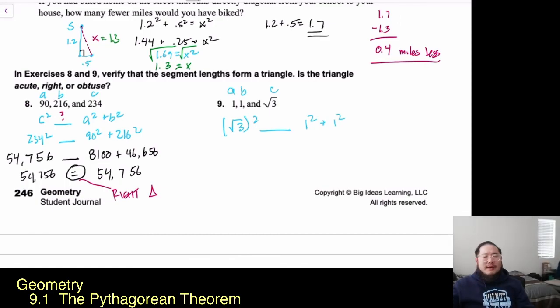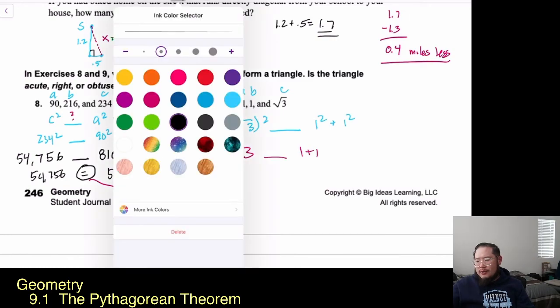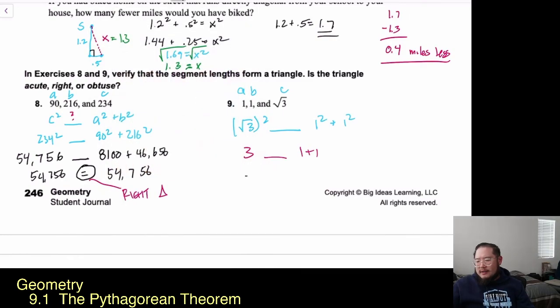Because think about this, rad 3 times rad 3 is rad 9. The square root of 9 is 3. That same number right there. So 3. And then we got ourselves 1 squared plus 1 squared. So we got 1 plus 1. Last I checked, 3 right here is greater than 2.